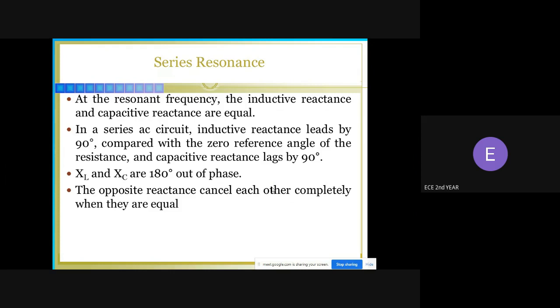The inductive reactance leads that reference by 90 degrees, and the capacitive reactance lags that reference by 90 degrees.